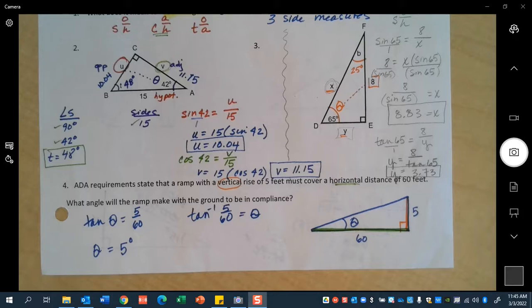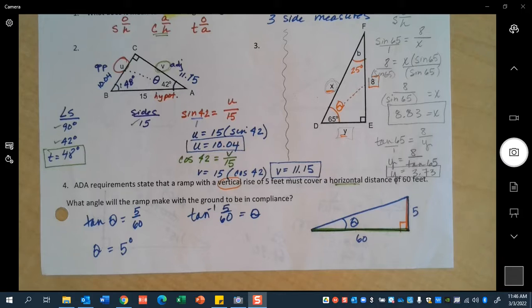So our vertical distance of 5 feet, this vertical guarantees that it's at a right angle. So when we use the word vertical, we know that it's going to be perpendicular to the ground or to whatever flat surface we're dealing with. When we're talking about a horizontal distance, we're talking about along the horizon, and you will frequently get that confused with the distance of the ramp.